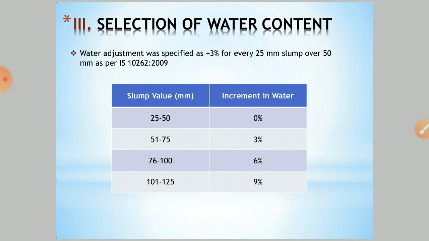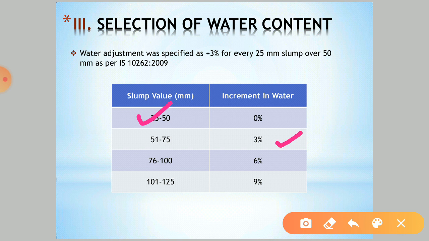What are the adjustments? For 25 to 50 mm slump value, there is no need to increase water content. But if you want slump value above 50 mm, between 51 to 75 mm, you can increase water by 3%.